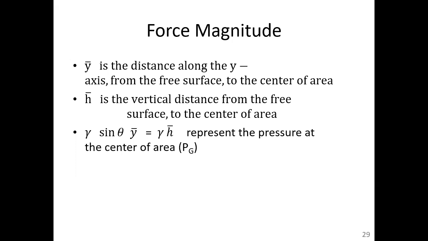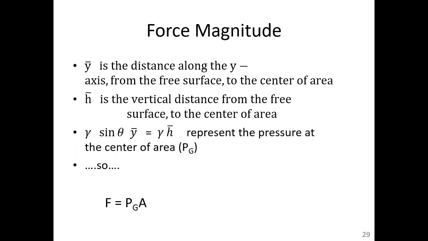Y bar is the location along the y-axis to the center of the area. Gamma y bar sine theta is the pressure acting at the center of the area. So what you just discovered, if you're a golfer, F is equal to P_cg A. The resultant force, write this down, the resultant force of a fluid on one side of a plane submerged surface is equal to the pressure acting at the center of area times the area.